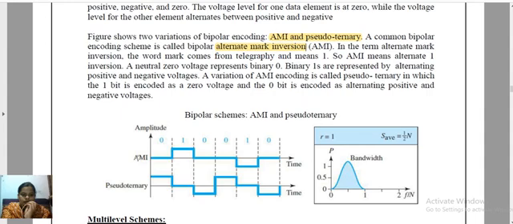So this is AMI, alternate mark inversion. The reverse is pseudo ternary, that means 1 is at the 0 level, on the axis. One bit is encoded as 0 voltage, but 0 bit is represented as alternating voltage.